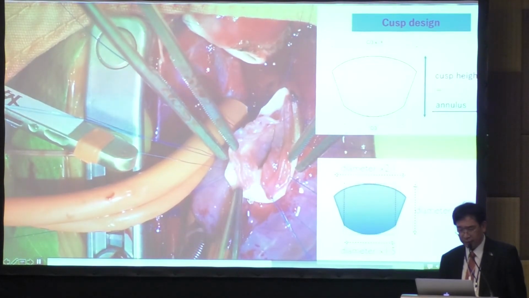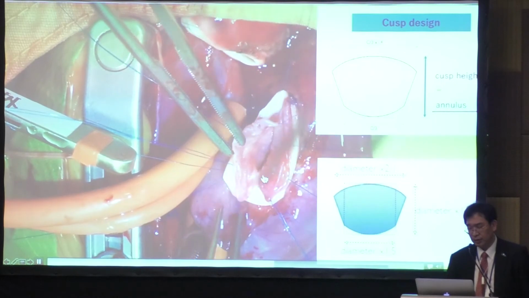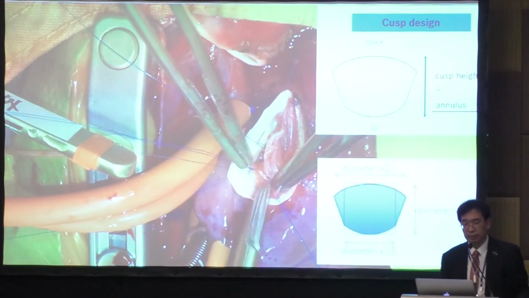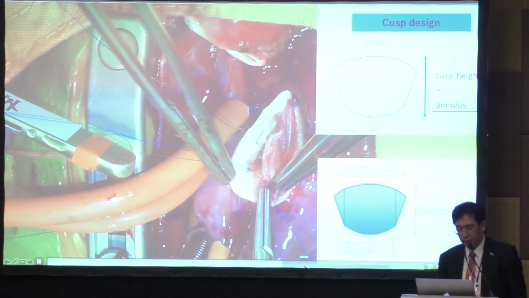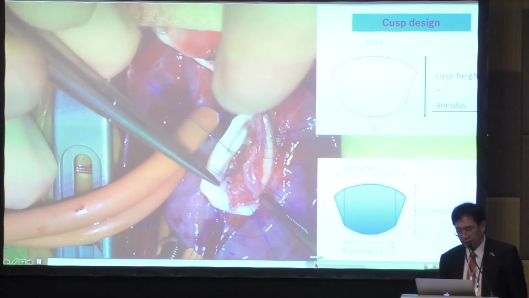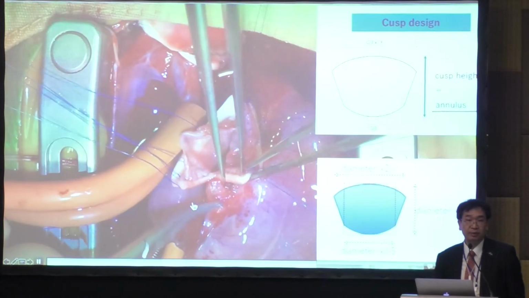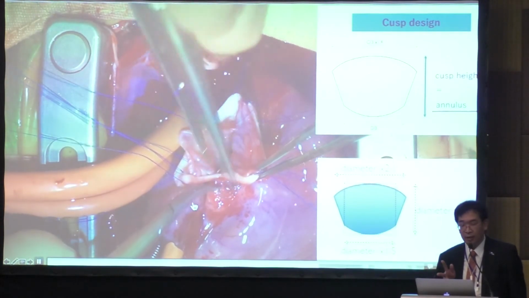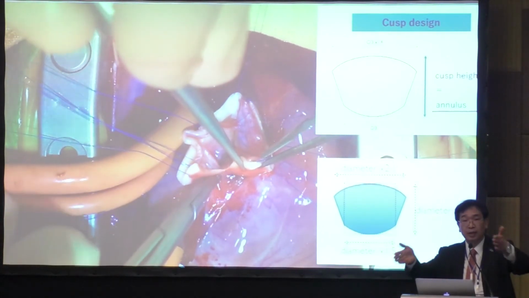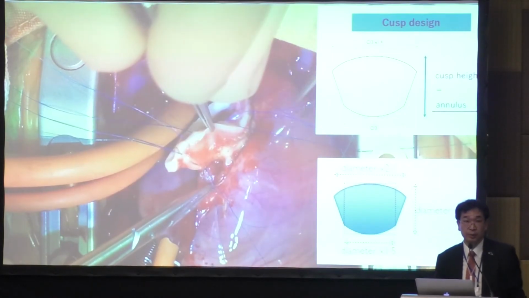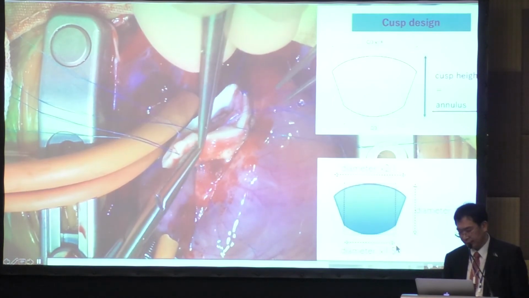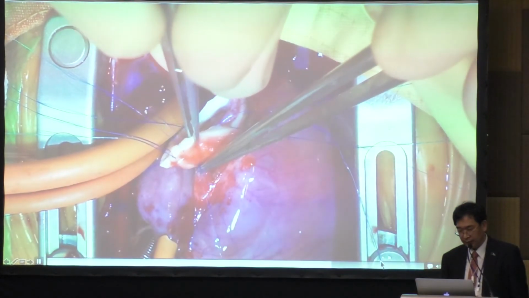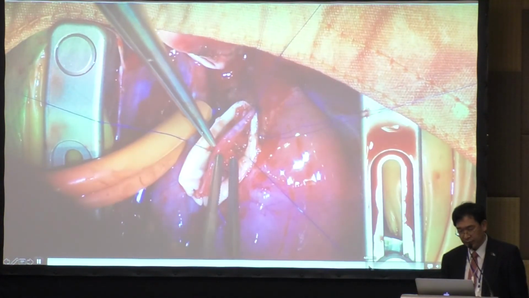And in this area, I had difficulty making exact coaptation between the facing leaflets. So I decided to use an open sleeve, not completely open, and reconstruct to make a better form of coaptation of the facing leaflets.